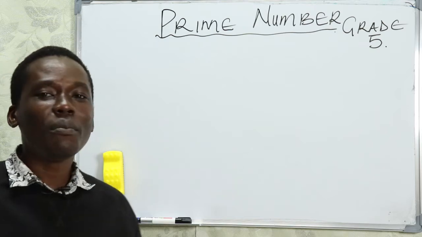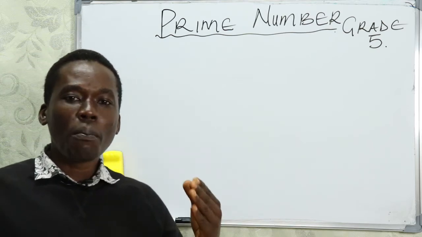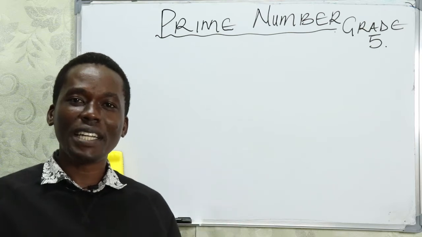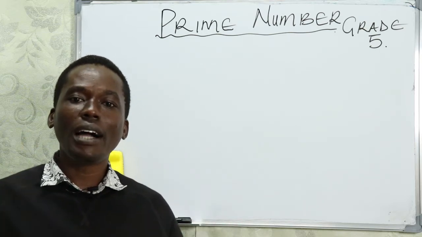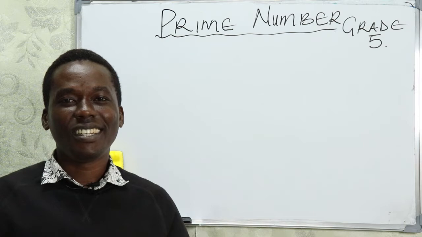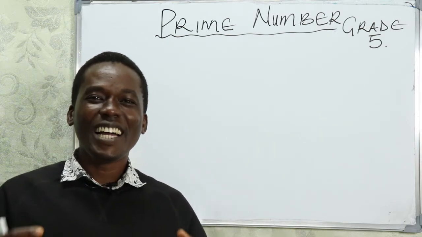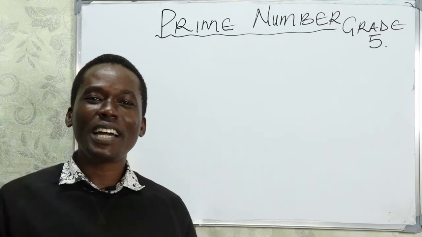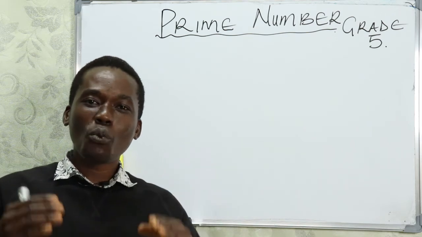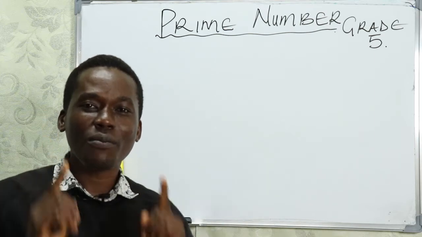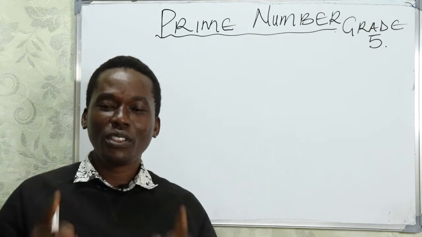What are prime numbers? Prime numbers are numbers that can only be divided by itself and 1. It's a simple definition. When you are given a value and that value can be divided by itself and 1 and cannot be divided by any other number, then that value is a prime number.